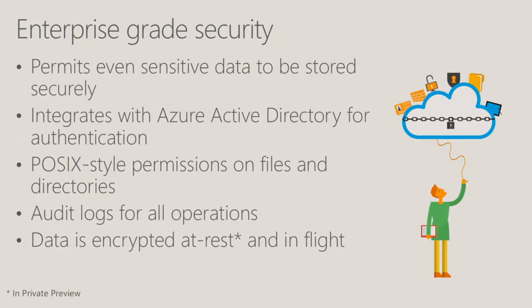And what does this give us? We can do ACLing based on AD entities on files and folders. So really, this is another value proposition where you can put ACLs on files and folders, which is not available in any cloud store today, but it is available in Azure Data Lake Store.